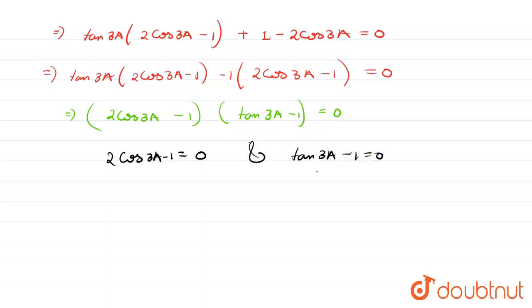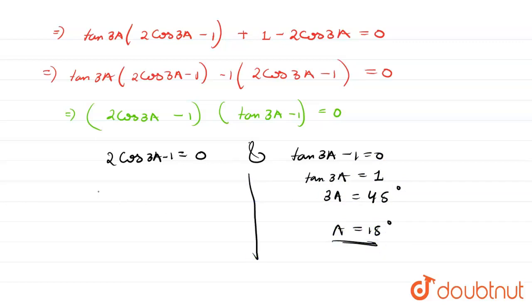So if tan 3a is equals to 1, that means thrice of a is equals to 45 degree. So a is equals to 15 degree. Okay, one answer will be this and the second answer would be 2 cos 3a is equals to 1.